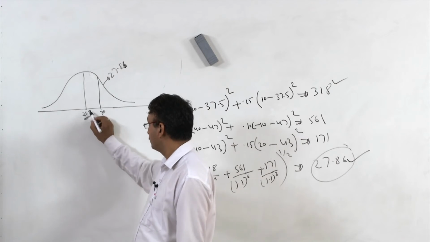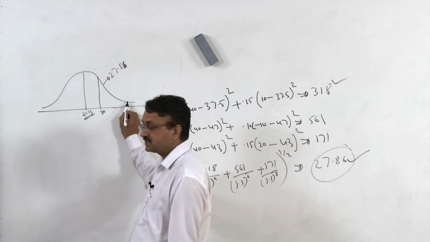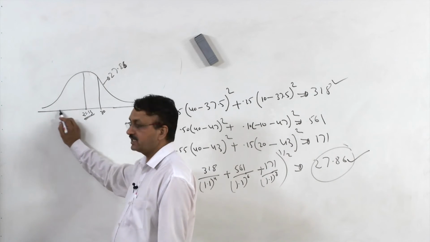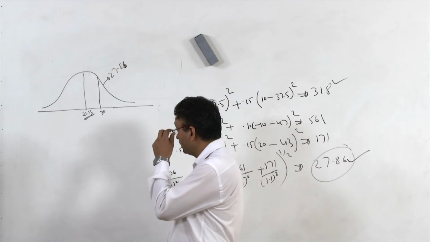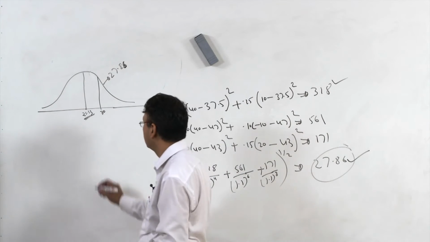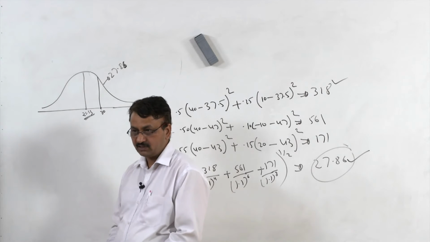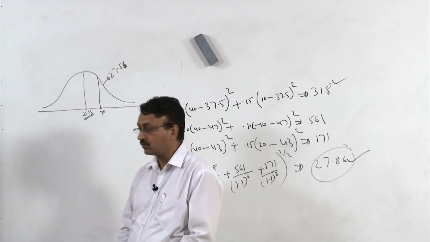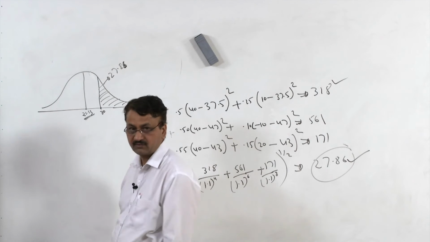So beyond this side it would be more than 50%, this side it would be less than 50%. So our question is, what is the probability that the project would earn a positive NPV of 30 lakh and more. So what is the area under this curve.